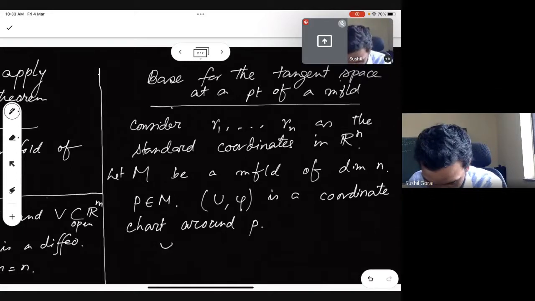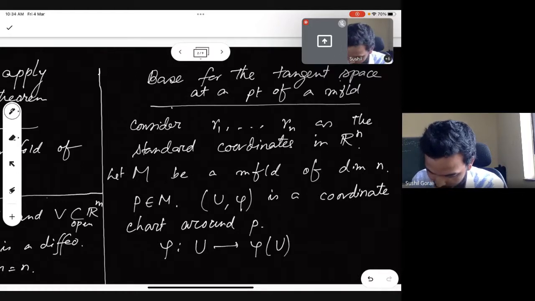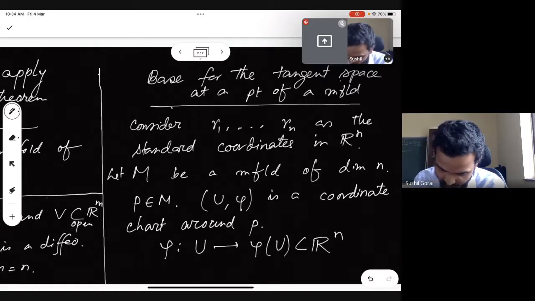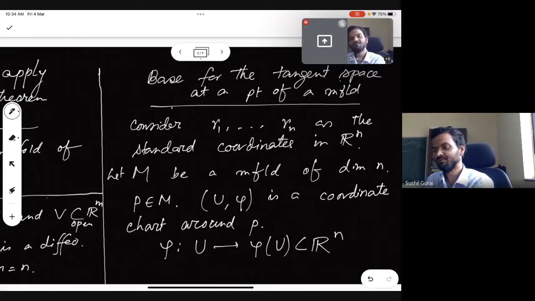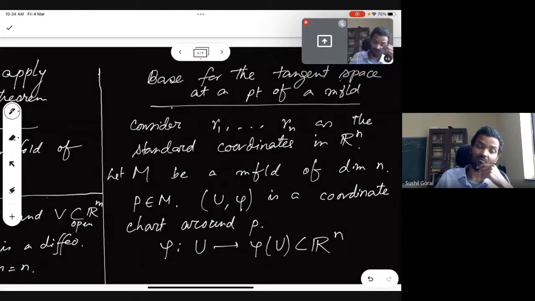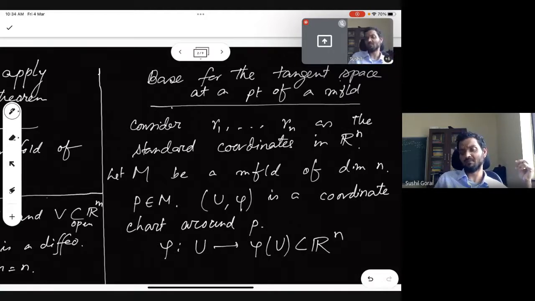So is phi a smooth map? Is phi a smooth map? Anybody? Well, how do you check a smooth map?